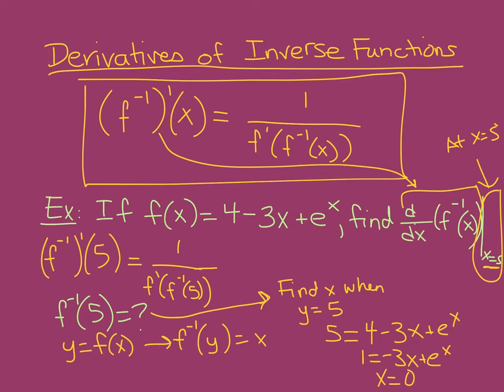So this is telling me that my f inverse evaluated at 5 is equal to 0. So let's go back to my original thing. Now I know that this part right here is going to be 1 over f prime of 0. So that's something I'm now able to find.